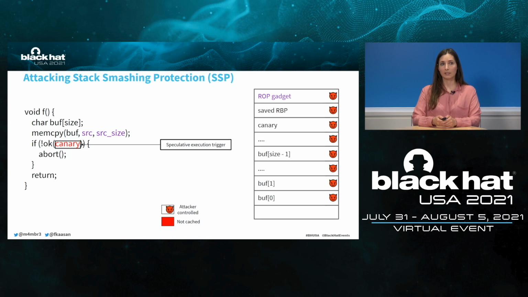even if SSP protects against the architectural exploitation of this vulnerability, it also provides us with the primitives for a speculative control flow hijack. The canary check executed before the function return will trigger the speculative execution if the instruction operands are not cached.